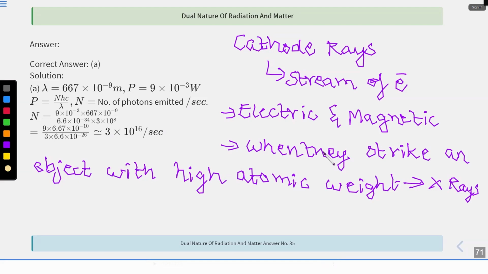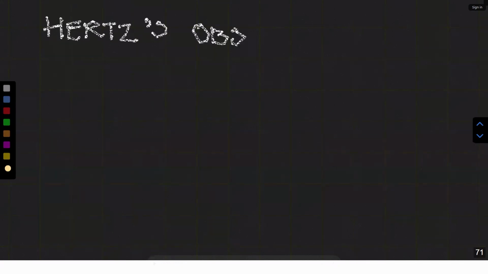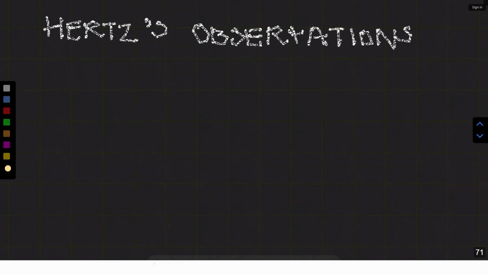So let's talk about Hertz's observations. Okay, this is off topic. Basically, Heinrich Hertz made the discovery of photoelectric emission.